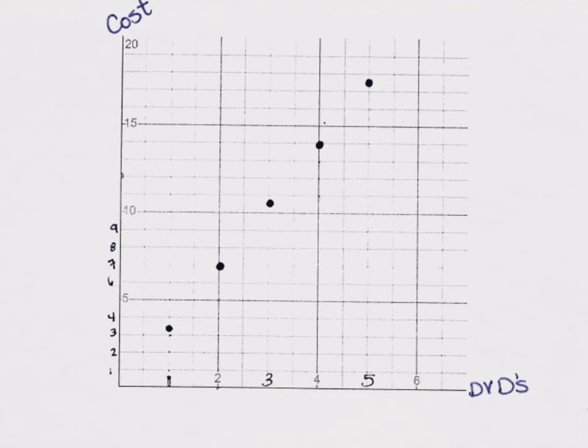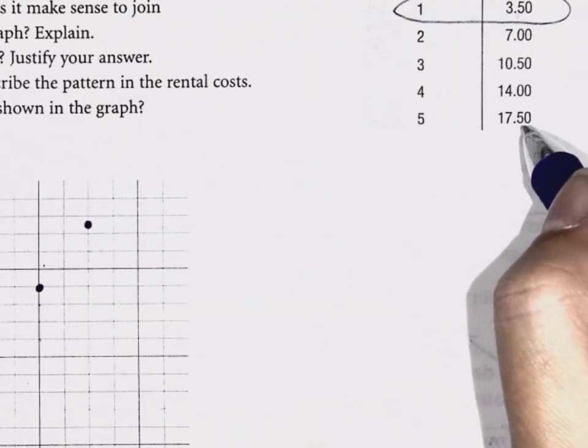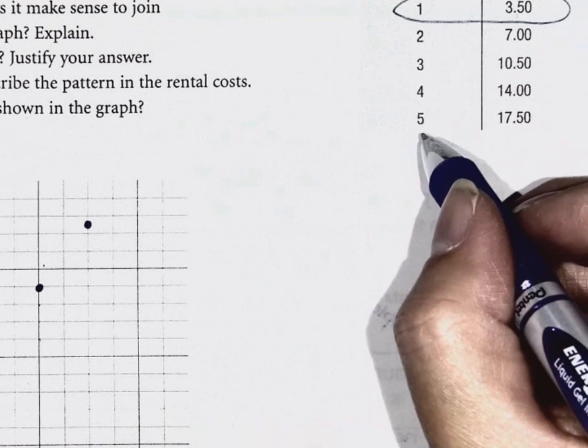Okay, so we have to make a decision. Connect or not to connect? Okay. We can't rent, we can't buy, we can't use half a DVD. So even though there's parts of this one, we can't have parts of this one.